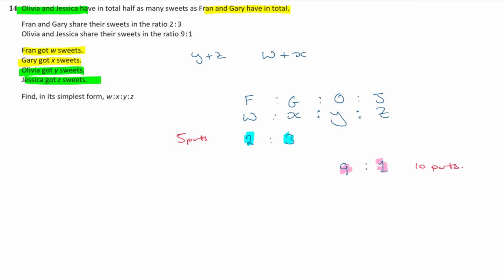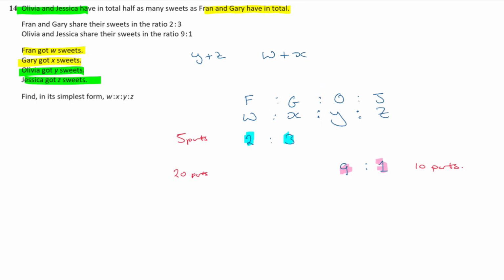Now we're told that Olivia and Jessica have half as many sweets as Fran and Gary. So these 10 parts actually should be half as many as the ones that Fran and Gary have. So if they've got 10 parts altogether, then really Fran and Gary must have 20 parts, mustn't they? They must have twice as many.